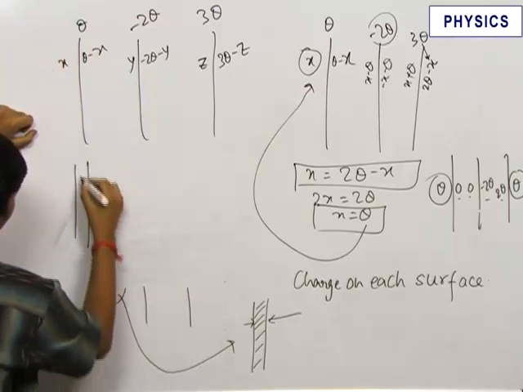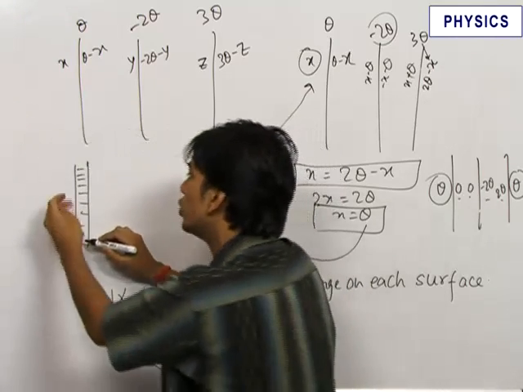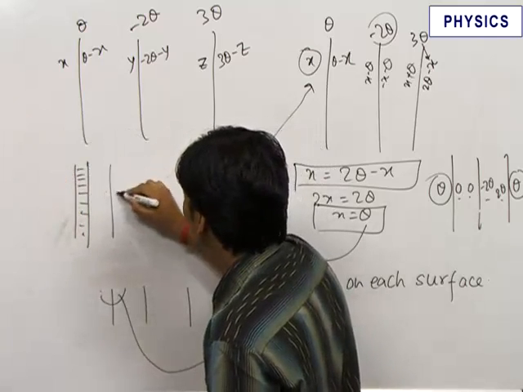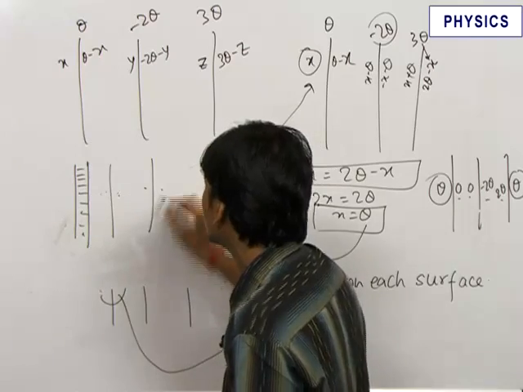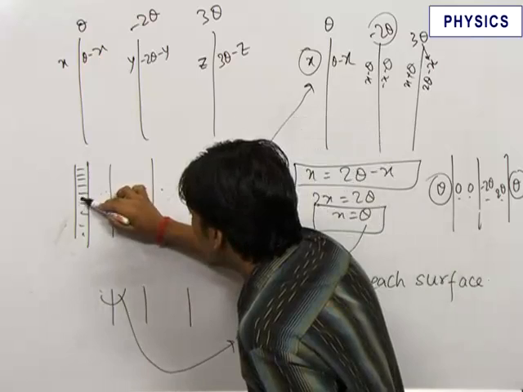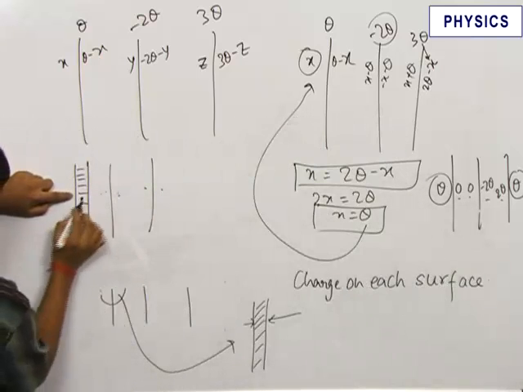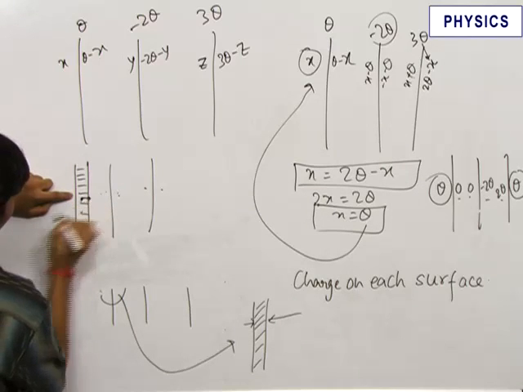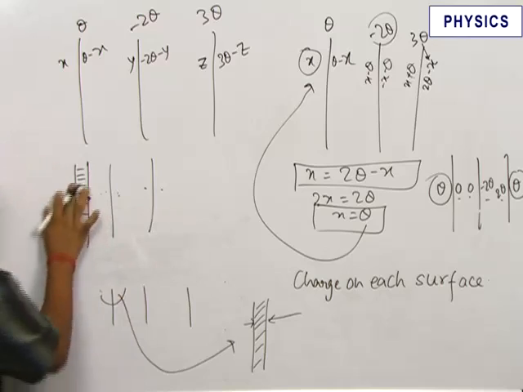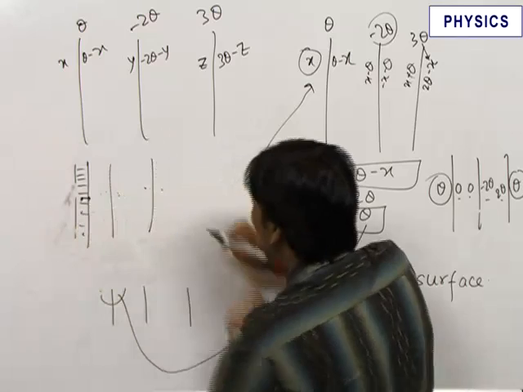Let us take the first plate. In the body of the first plate, the electric field has to be 0. The total electric field over here is due to the charge on this plate, and the charges on these surfaces. The charge on this plate will produce an electric field in this direction, and the charges on these plates will produce electric field in the opposite direction. Therefore, the total charge on the left should be equal to the total charge on the right.